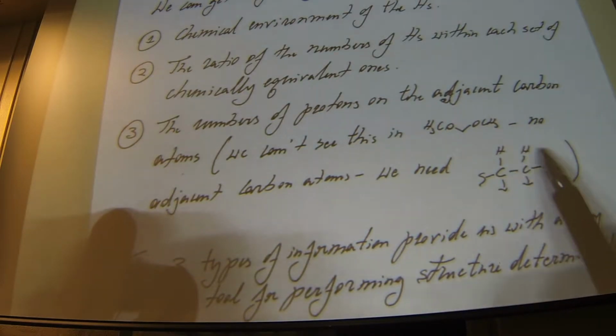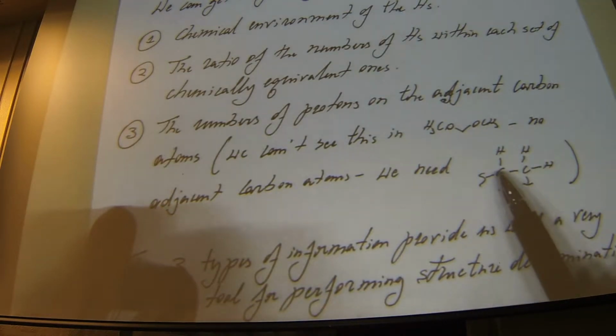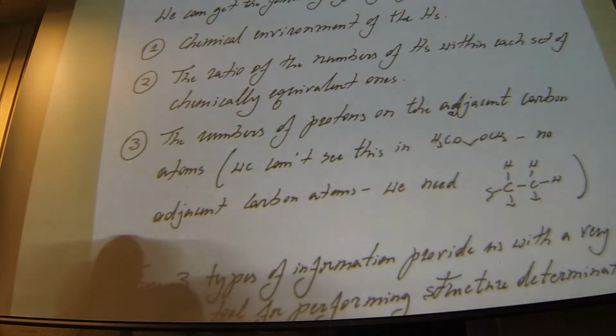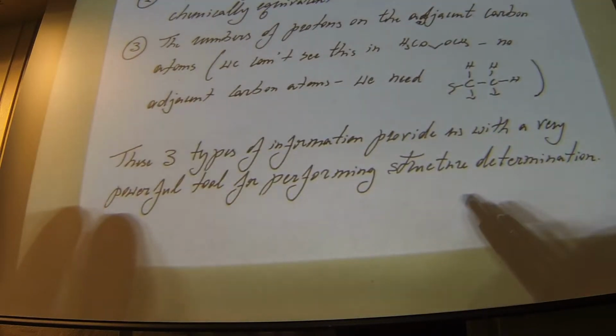And from whatever absorption these two have, you'll be able to tell that there's only one hydrogen on the adjacent carbon atom. And so these three pieces of information make it possible, just from proton NMR, I'm not even talking about C13 NMR yet, to determine structure very often. Okay? So this gives you a very, very powerful tool.